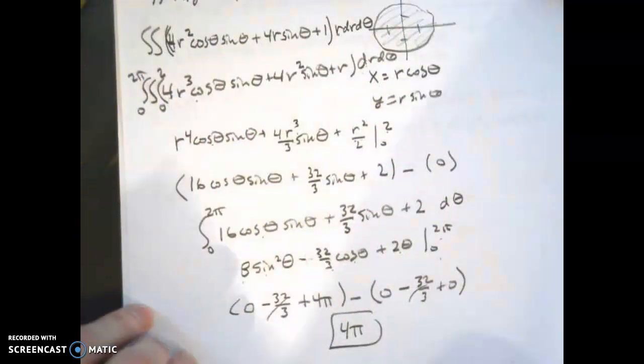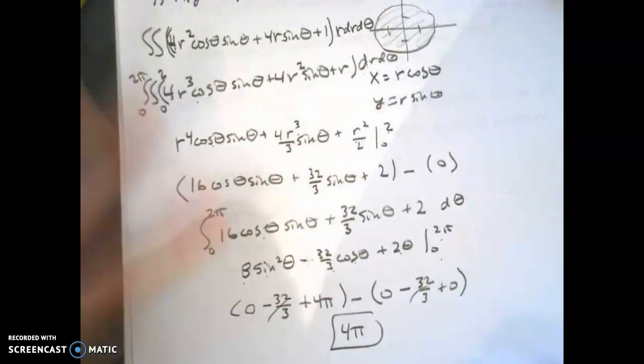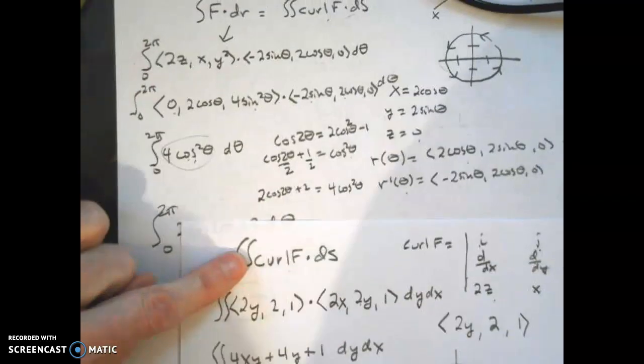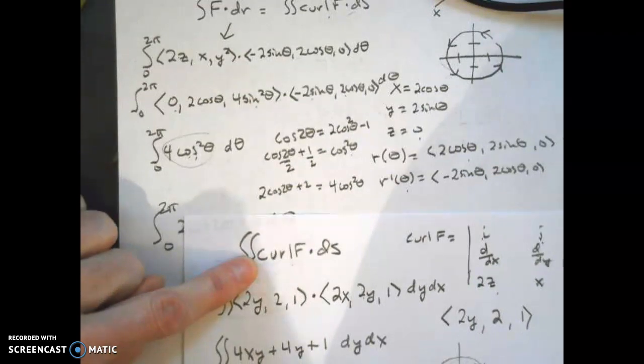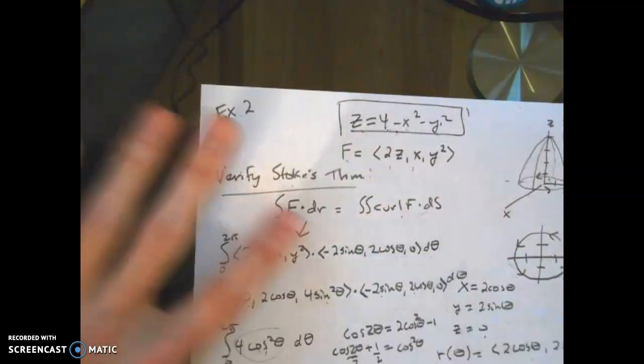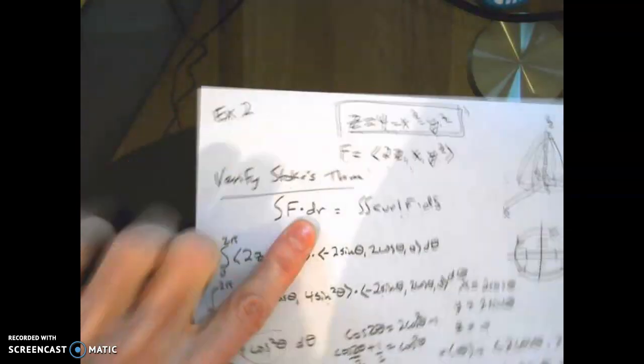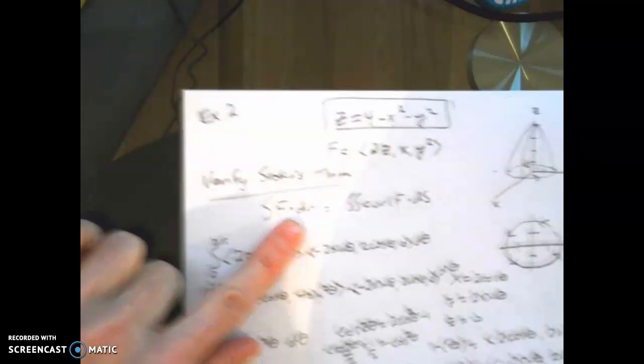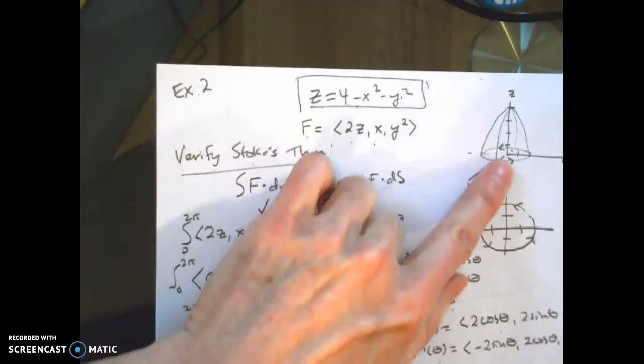Which is the same thing we got when we did it the other way. So here we evaluated the curl of f dotted with dS over the entire surface. We got 4 pi. And what we did first was the integral of f dot dr on the boundary curve.